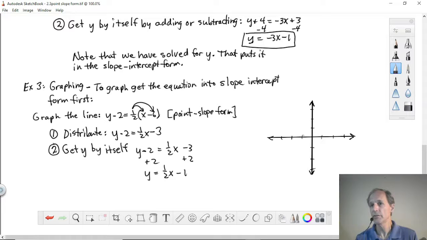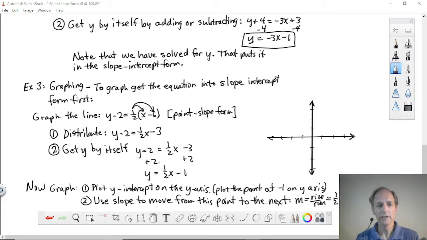We're now going to use that to graph just like we did the other day. So we're going to plot that y-intercept on the y-axis, and then we're going to use the slope to move from that point to the next, by using slope equals rise over run, and the slope is 1/2.